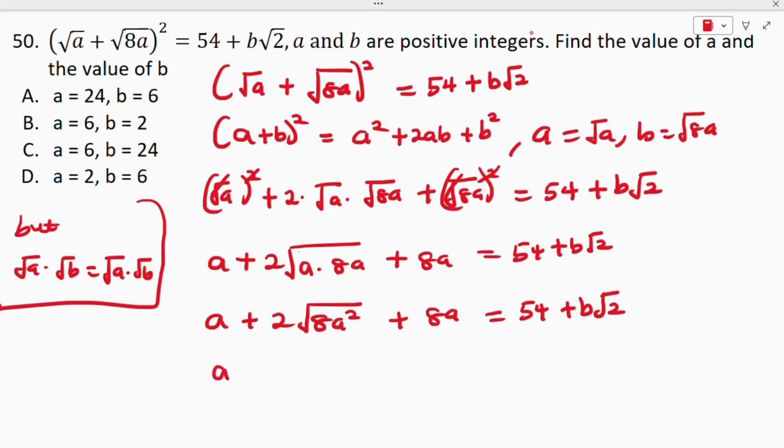So from here, a plus 2 into the square root of 8a squared plus 8a equals 54 plus b root 2. The square root of 8a squared can be expressed as 2 multiplied by 4a squared, plus 8a equals 54 plus b root 2.